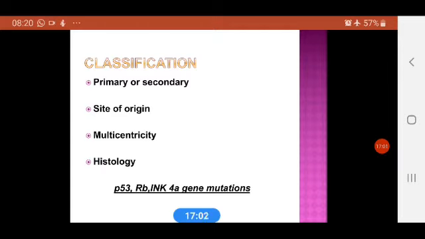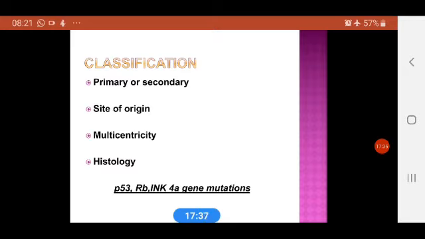Now, in osteosarcomas, you need to remember that there is suppression of p53 and RB and upregulation of cell cycle regulators like MDM2, which causes further suppression of p53, causing development of osteosarcoma. So you have mutations of p53, RB and INK4 for development of osteosarcoma, along with upregulation of cell cycle regulators, that is MDM2.